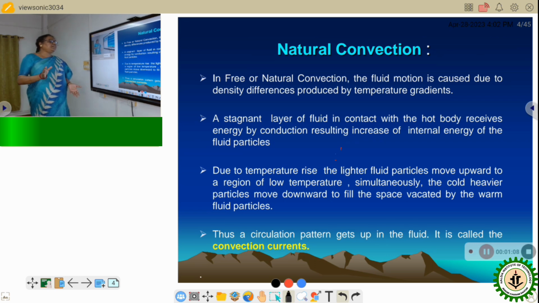And due to the rise of the temperature, the lighter fluid particles move upward to a region of low temperature. Simultaneously, the cold, heavier particles move downward to fill the space vacated by the warm fluids. Thus, a circulation pattern gets set up in the fluid and it is called the convection currents.